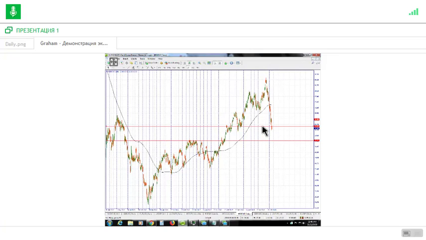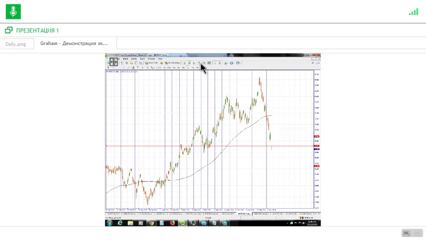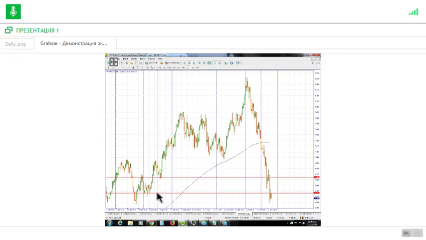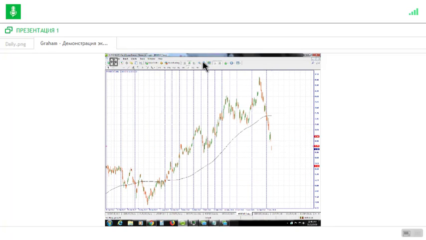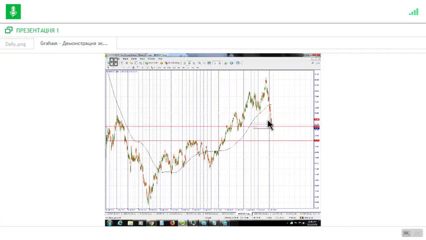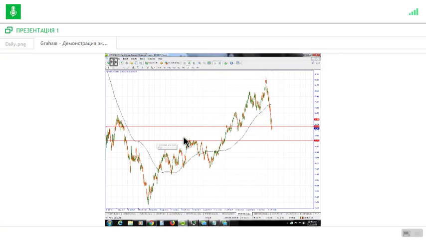On the daily chart, there's nothing much to be added other than the fact that the price went below a key level here. On the daily, this is a key resistance line, a key level. As you can see, there's a resistance line, a resistance line, a resistance line.